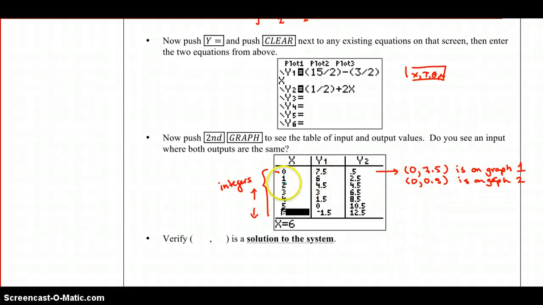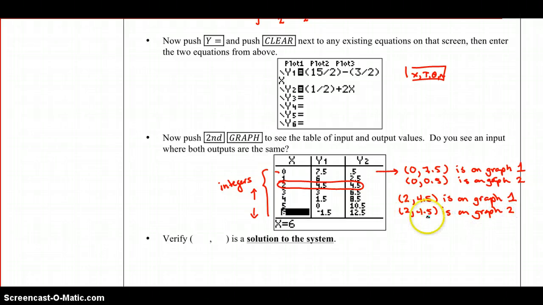Okay, but if we look down through here, we do see at 2, the point 2, comma 4.5 is on the graph of equation 1, and for an input of 2, the output y2 was 4.5 also.